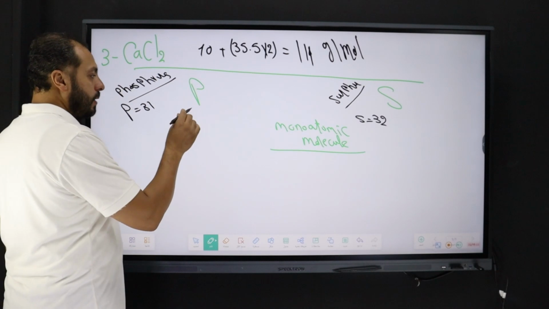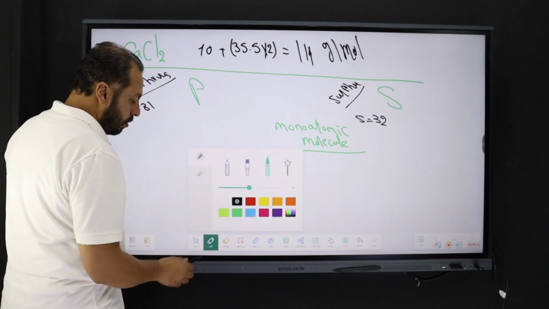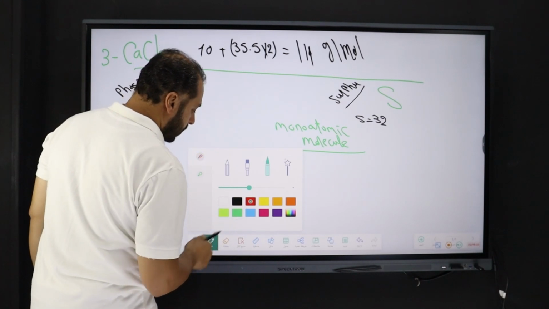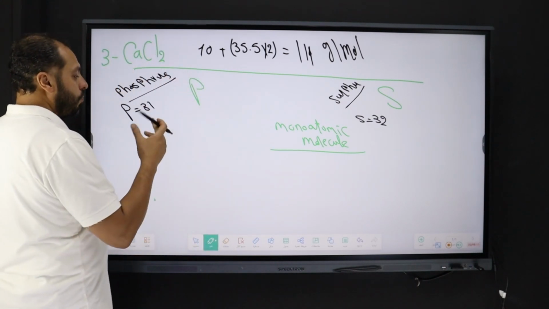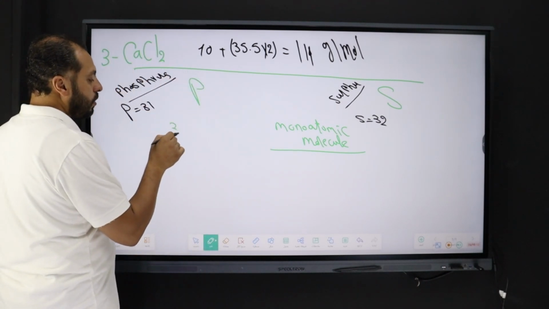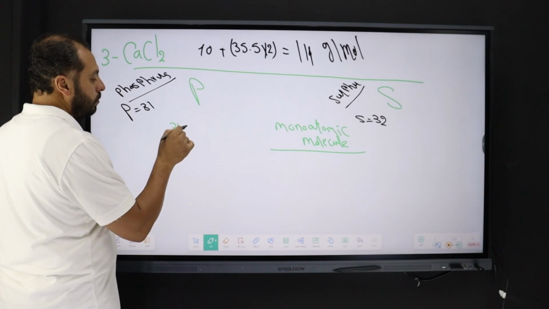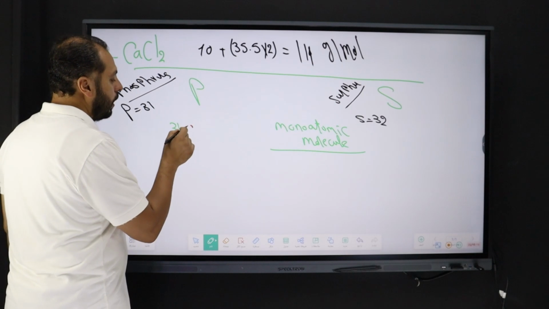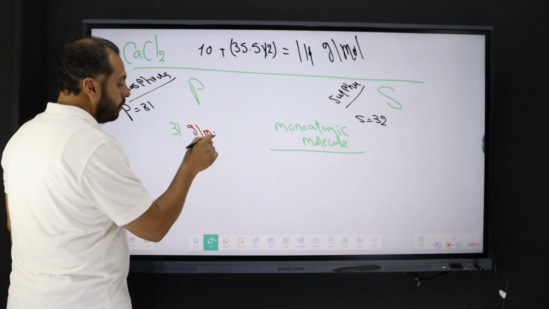So the molar mass of this substance is 31. But which measuring unit? Gram per mole.